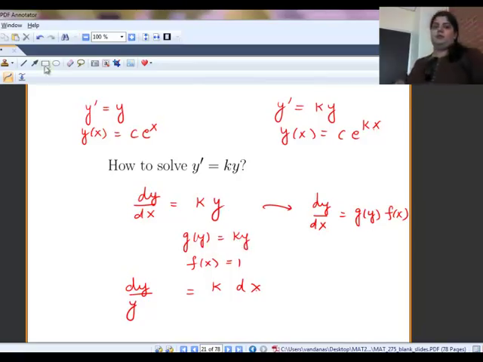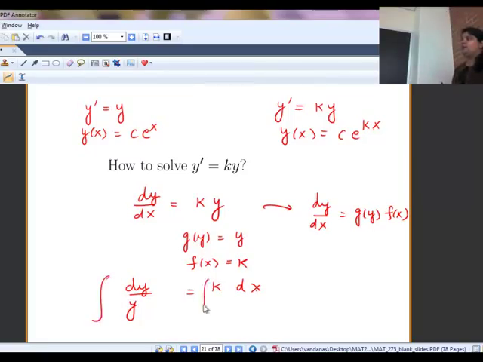In this splitting, I am assuming this to be just y and this to be k. Now if I integrate both the sides, I will get on the left hand side ln of the absolute value of y. On the right hand side I will get kx plus a constant of integration.